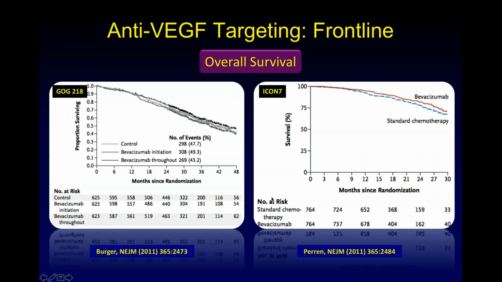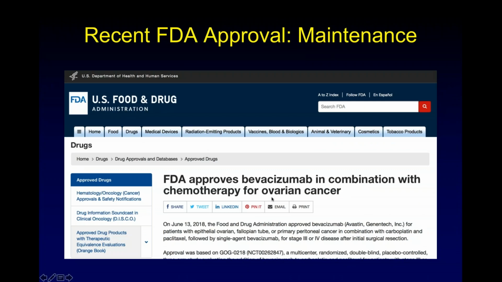So the question is, well, then how did it become approved? If the other trial just showed you didn't do it, how come this trial did? It's actually a pretty good question. The trials were done about 6-7 years ago, and they've been in the public domain for that long.